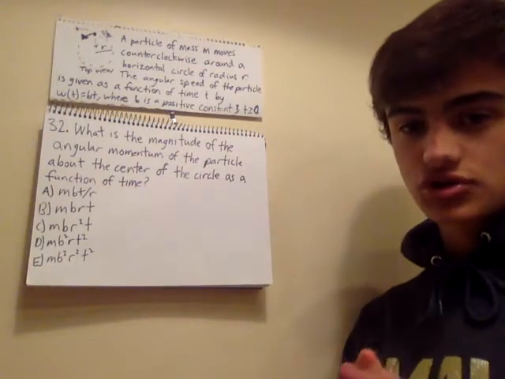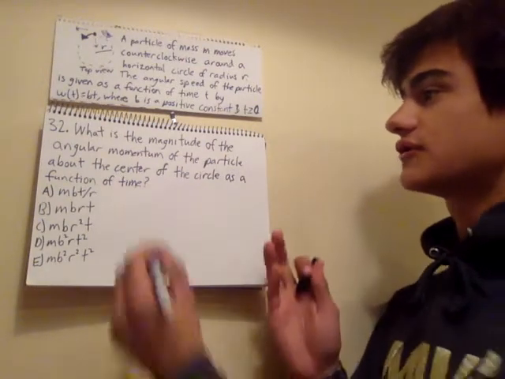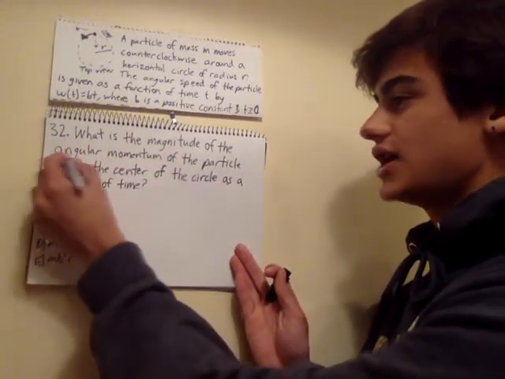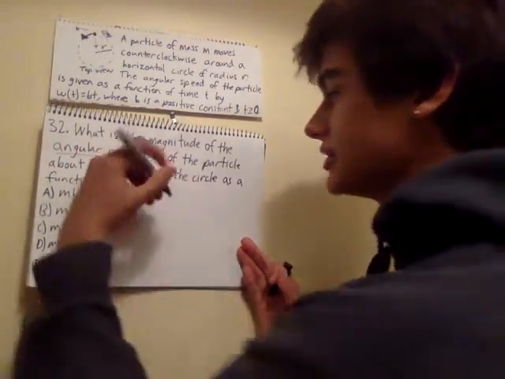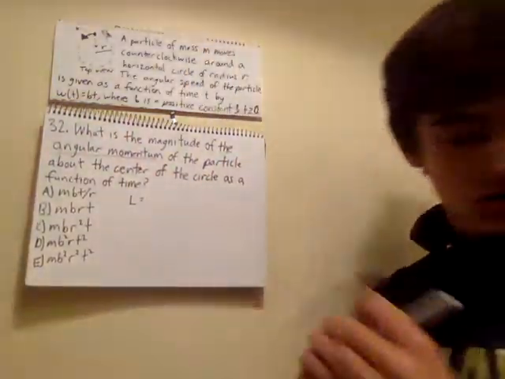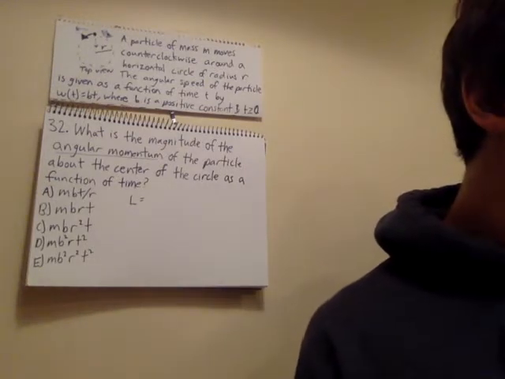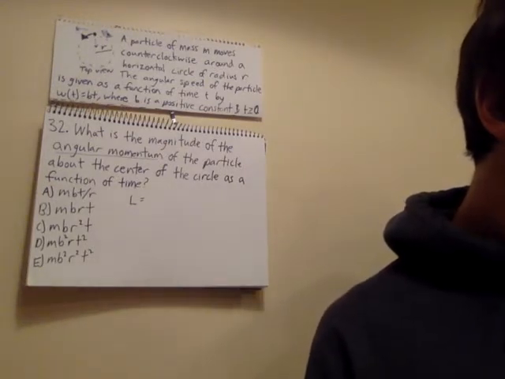So let's start with the conceptual aspect of this problem. We're looking for the magnitude of the angular momentum. Angular momentum can be represented as L. Let me check the useful equations sheet to see if there are some equations we can use here.